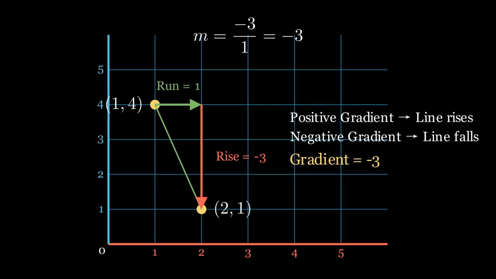Gradient can also be zero. In what instance can gradient be zero?